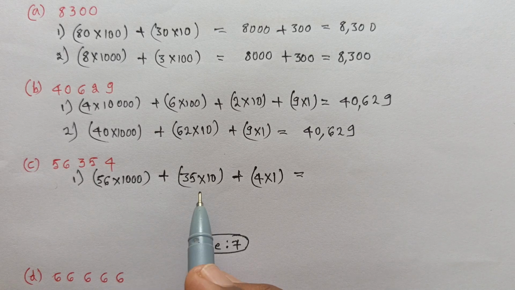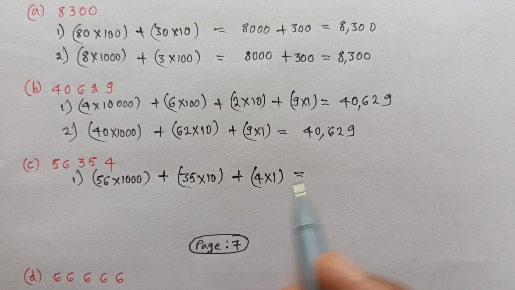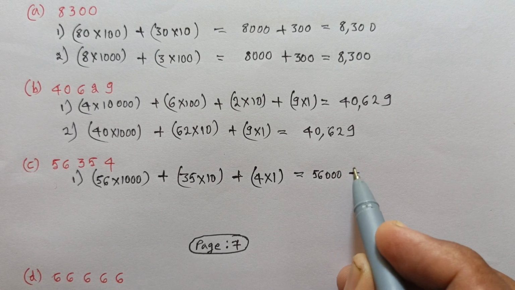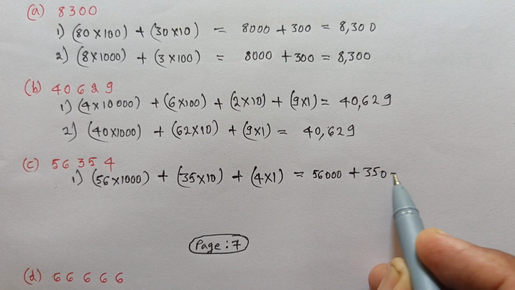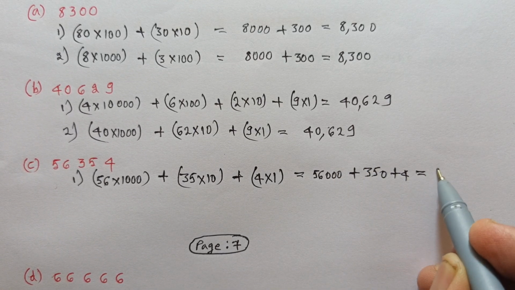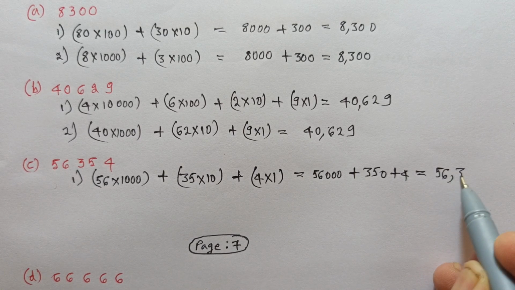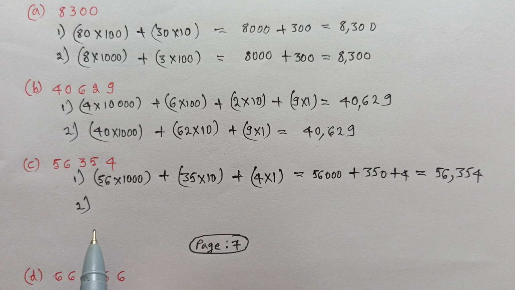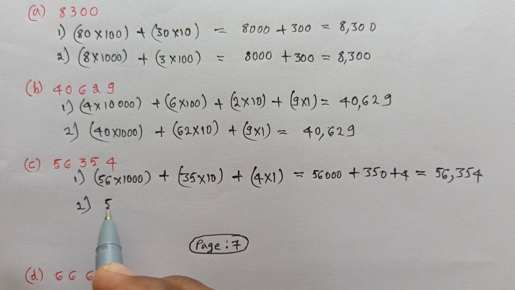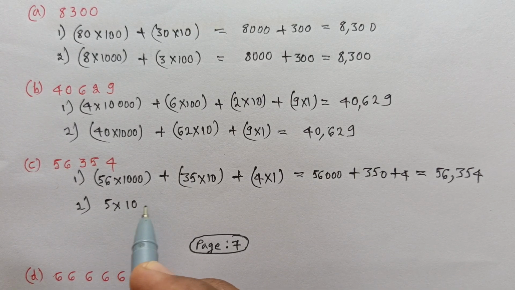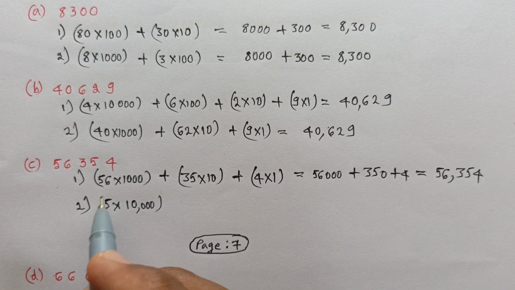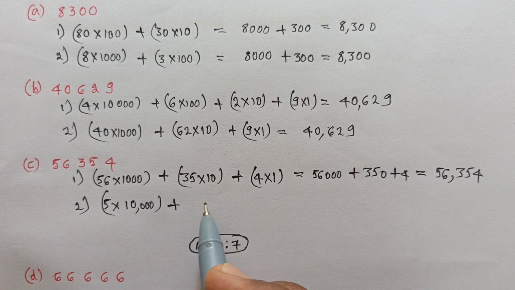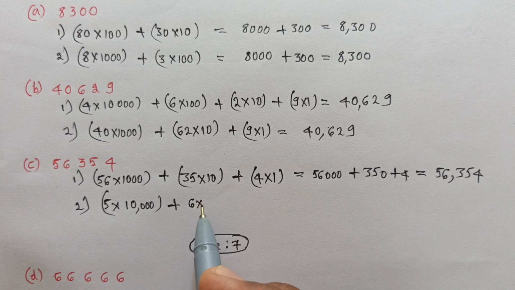So 56,000 plus 350 plus 4 will give the required answer, that is 56,354. In another way also we can represent it like this: 5 into 10,000, that means the 10,000 button we have to press 5 times. Then the 1000 button we have to press 6 times.